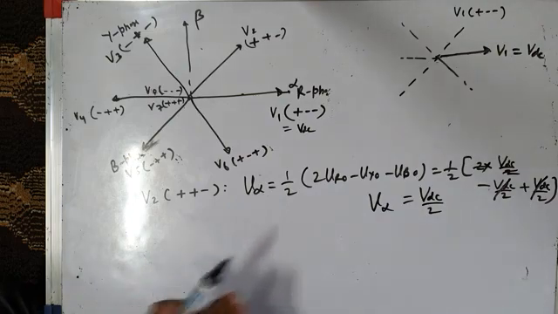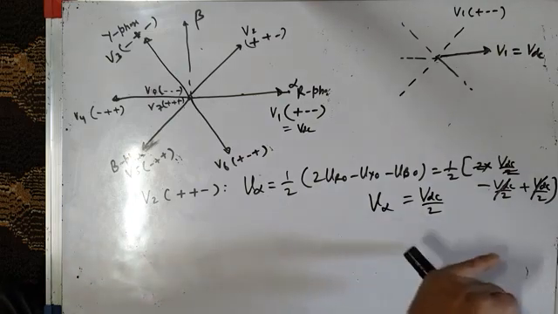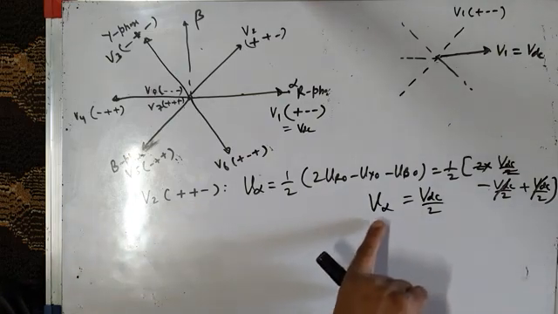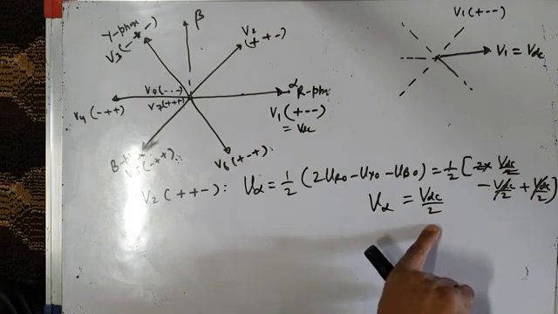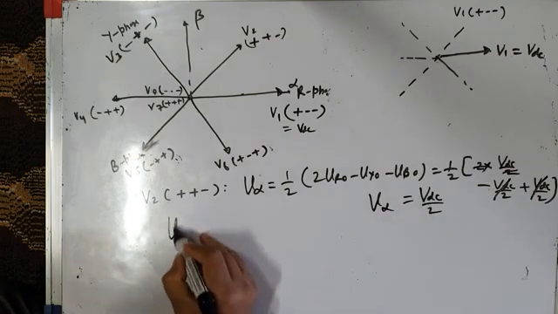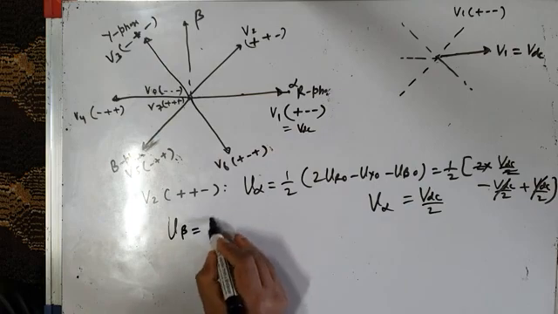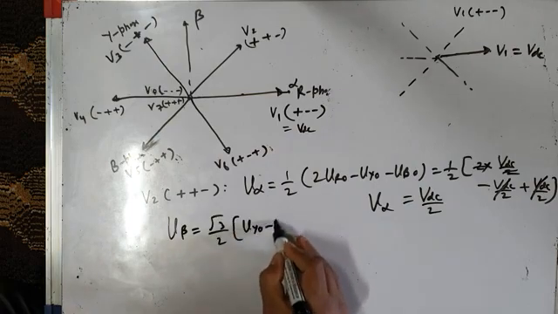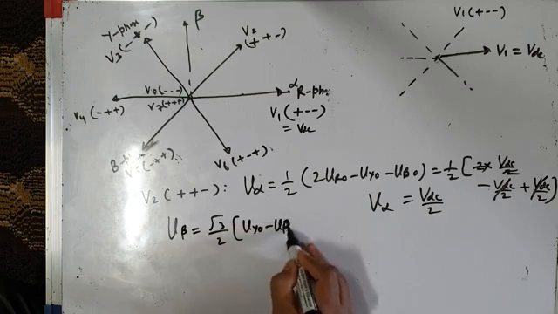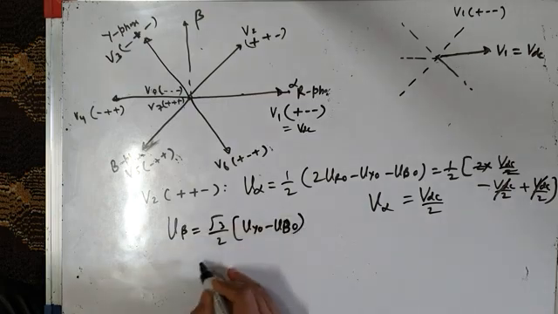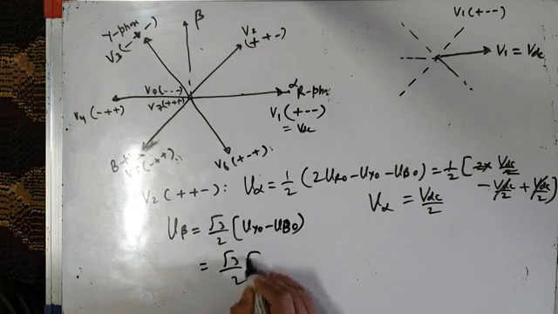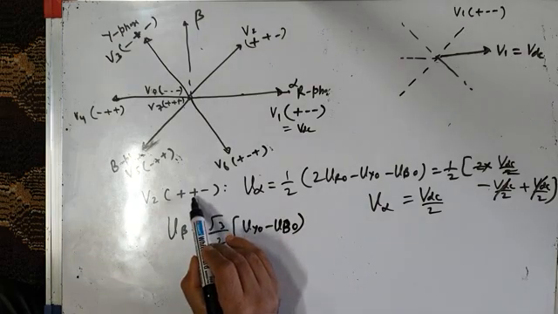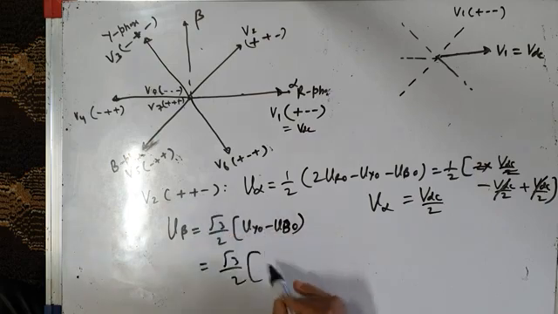So along the alpha axis, the V2 switching state will give a component whose amplitude is VDC by 2. What about its beta component? Beta component is root 3 by 2 times VYO minus VBO, right? So that is root 3 by 2. What is VYO? Y's top switch is on, so pole voltage VYO is VDC by 2.